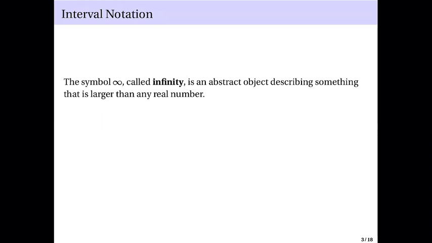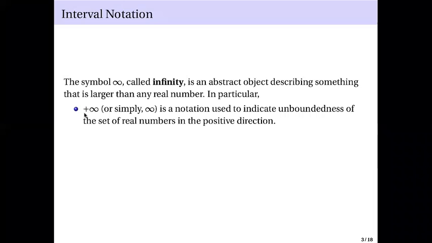And here, I want to emphasize the following. If we put plus, this denotes the unboundedness of a set of real numbers in the positive direction. And if we don't put the plus, just like this, we still mean plus infinity.